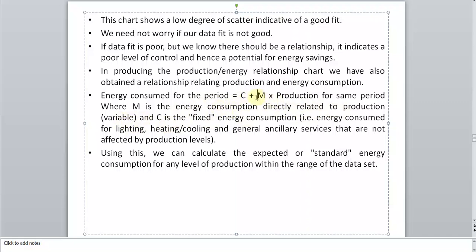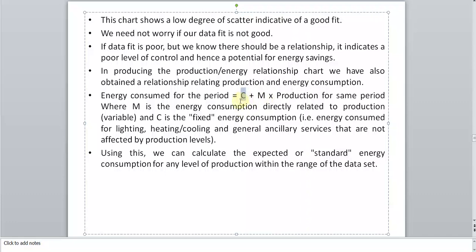C is also energy consumption, but M is directly related to production: if production is less, it will be less; if it is more, it will be more.